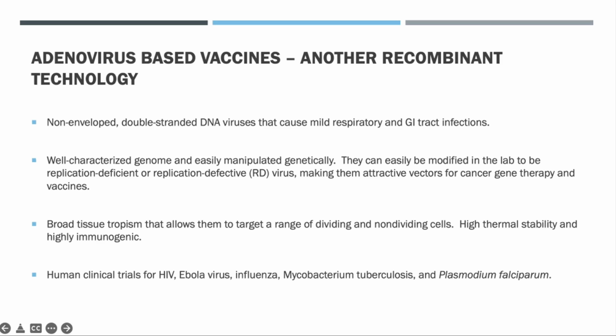They have a broad tissue tropism that allows them to target a range of dividing and non-dividing cells. They have very high thermal stability and are highly immunogenic as well. There have been human clinical trials for adenovirus-based vaccines for HIV, Ebola, influenza, and a number of others as well.